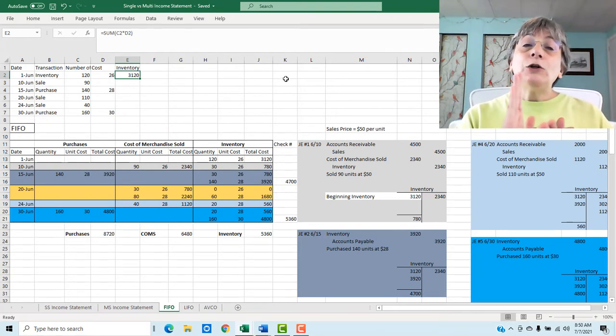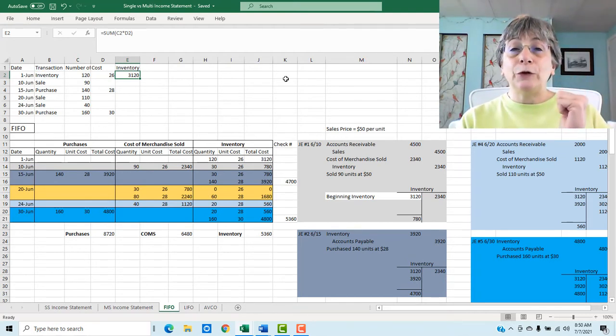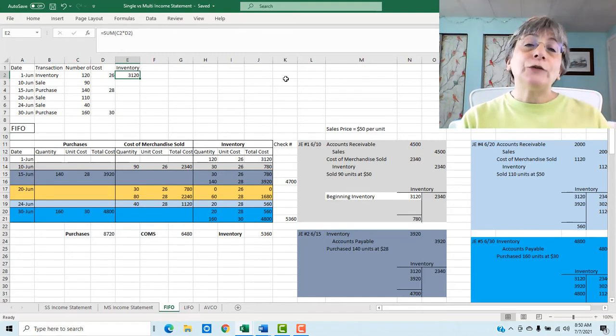So on June 1st, we had 120 units left from the previous month. The cost was $26, and the amount of inventory is 120 times 26 for $3,120. So that's the first thing that we know.